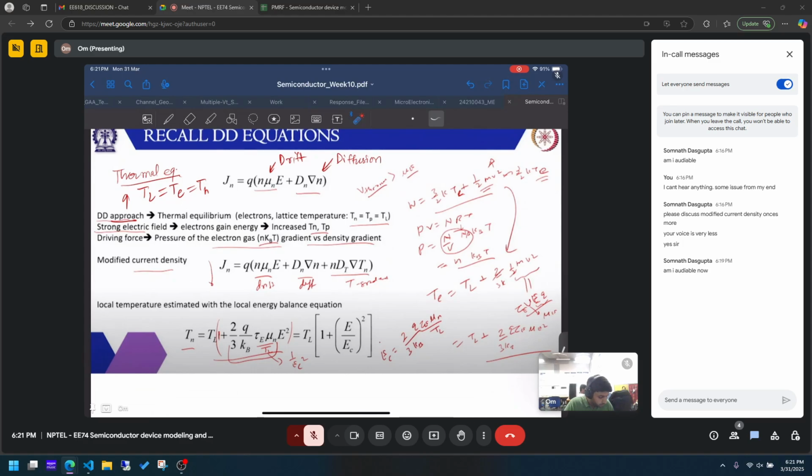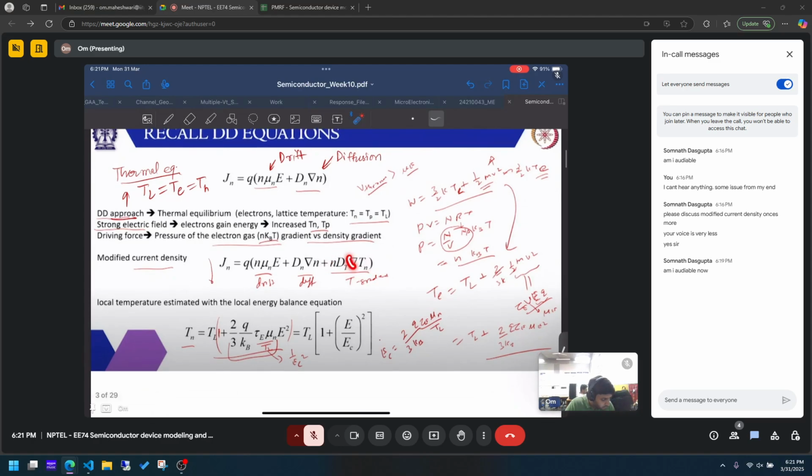So this gives us another gradient of temperature inside the device, and this local gradient is responsible for some additional current, which is defined by D_T, just some temperature coefficient, like we have a diffusion coefficient, and it's dependent on the gradient of the temperature, like concentration gradient.